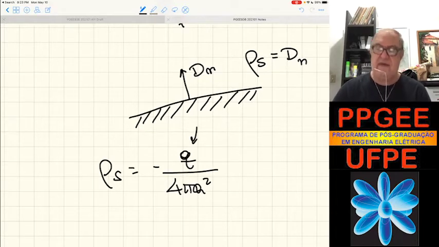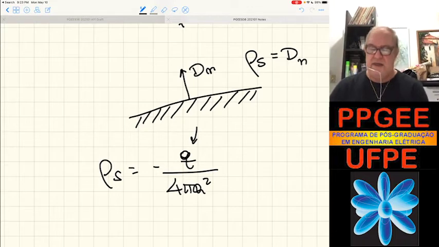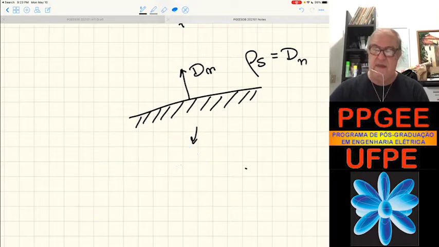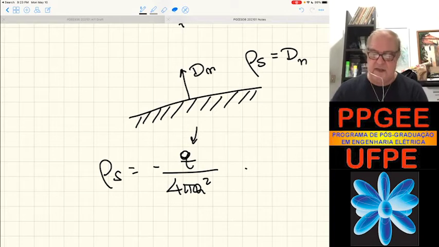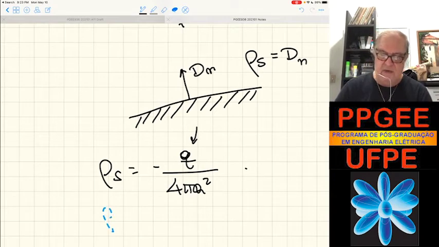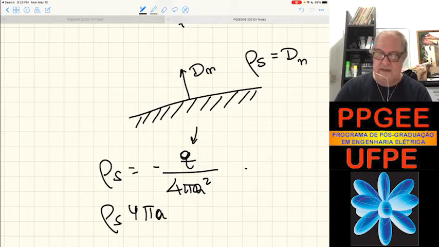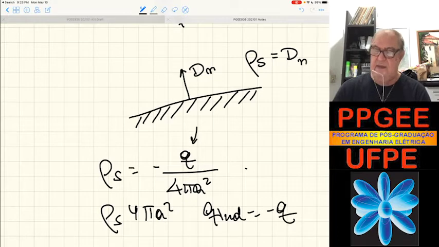So if you have a positive Q, the induced charge density on the inner surface is going to be minus Q over 4 pi a squared. If you calculate the entire charge on the inner surface, it's going to be rho s times the area, because rho s is constant. So the induced charge equals minus Q, right?